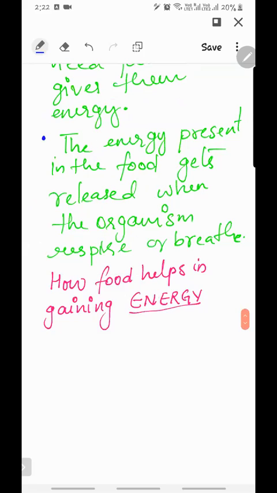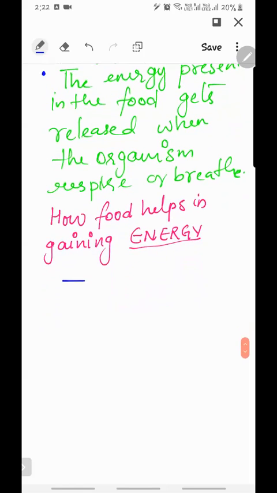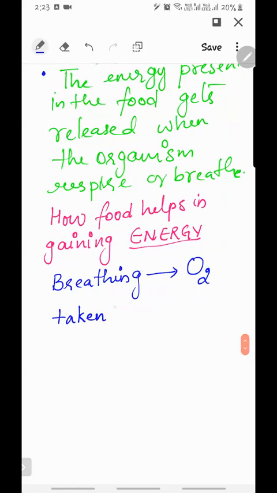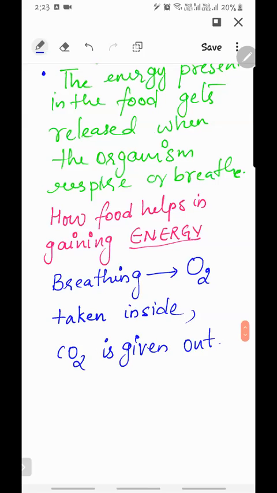Upon the breaking of food, certain molecules are released, and these molecules play a vital role and produce energy. In the breathing process, O2 is taken inside, and CO2 is given out. So we release carbon dioxide out.